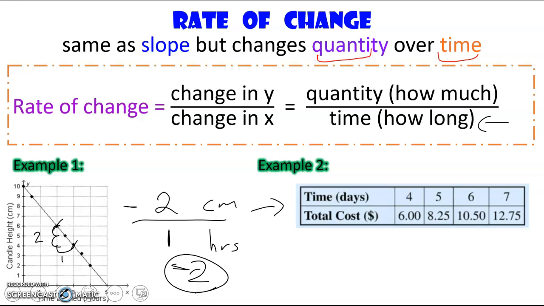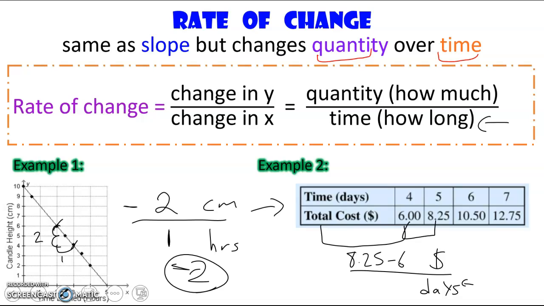Now this one, when I'm given the table, remember, we have set up our rate of change. Total cost is on the top. Time is on the bottom. Time always goes on the bottom. And then from here, we basically just do our slope formula. We find the change from here to here, and we do that by subtracting 8.25 minus 6.